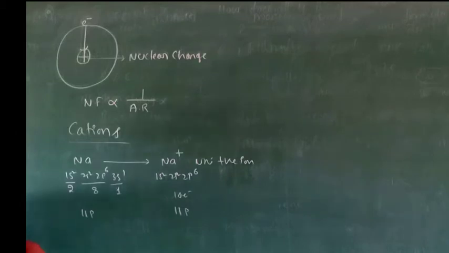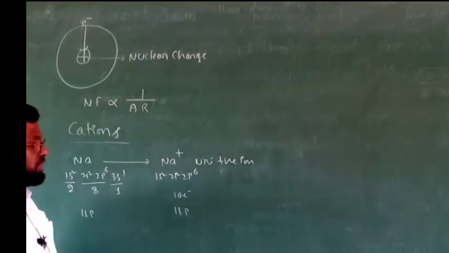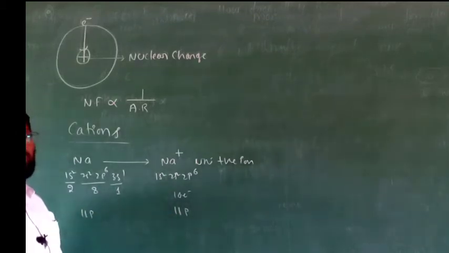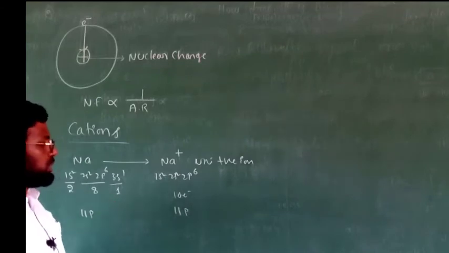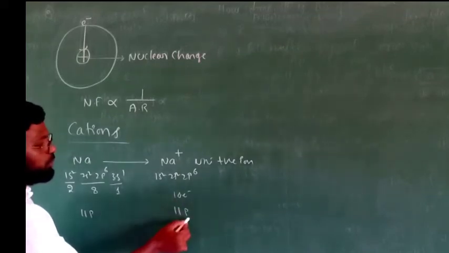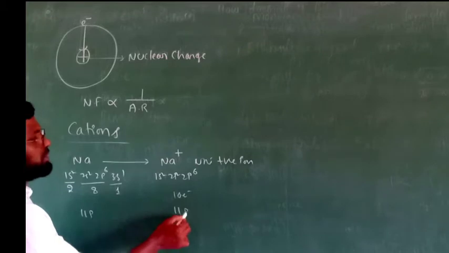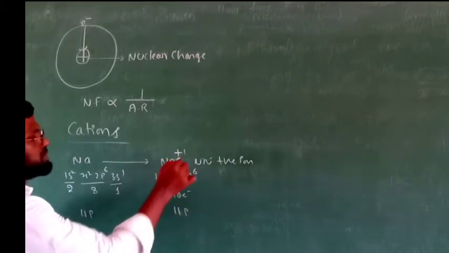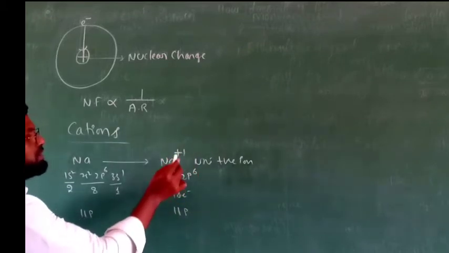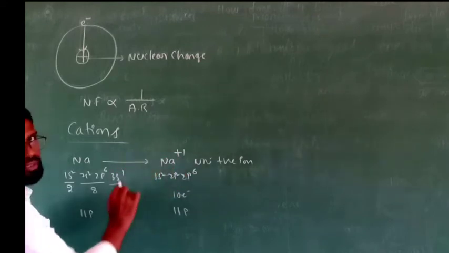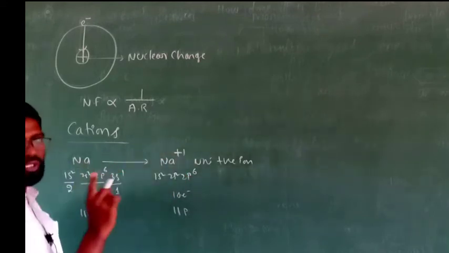Then whose number is greater? Number of protons is greater. By how many units? 1 unit. So since the number of protons is greater by 1 unit, we have mentioned that plus 1 here. Here plus 1 means the number of protons is greater by 1 unit.